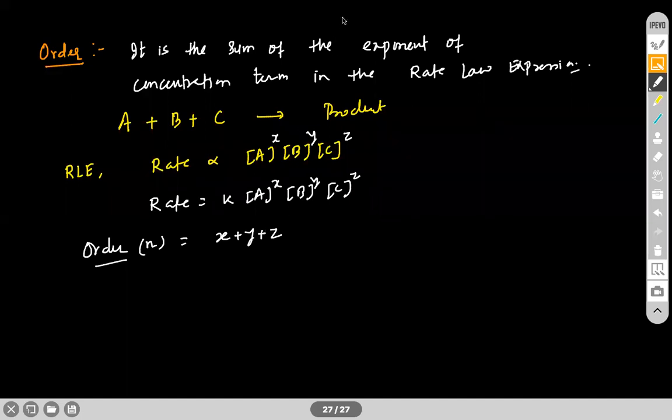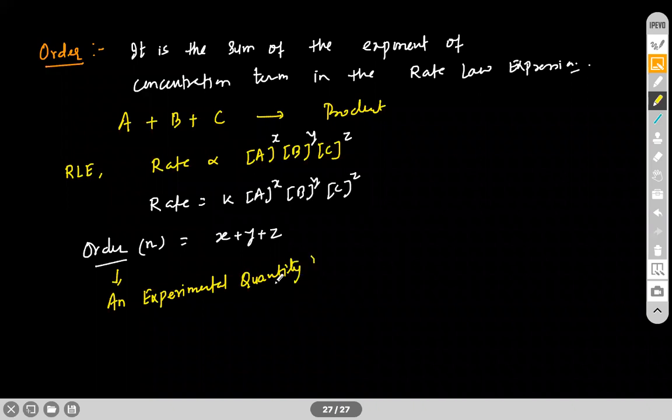Yes, guys, did you understand this? Yes, sir. What are these X, Y, and Z? These are experimentally determined numbers. So order is also an experimental quantity. We cannot say the order of the reaction just by looking at it.